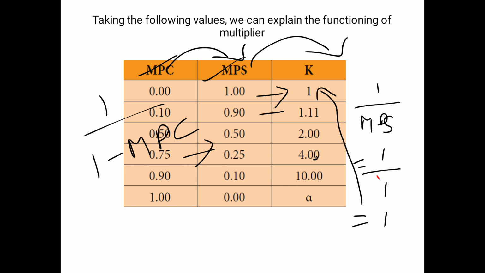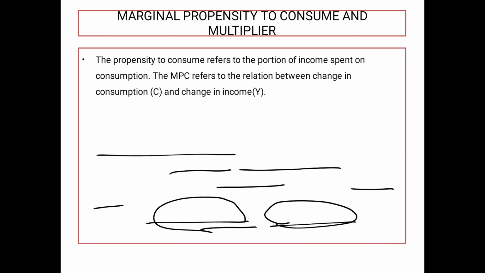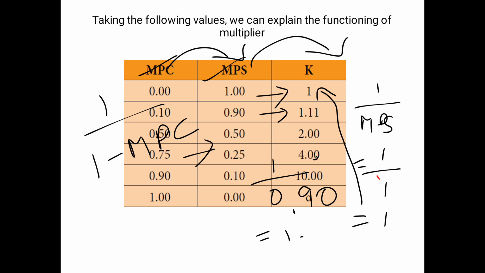The same way this number has to be done: 1 divided by 0.90. You will get 1.11. So you will be getting this derivation. Like this you can work out everything.